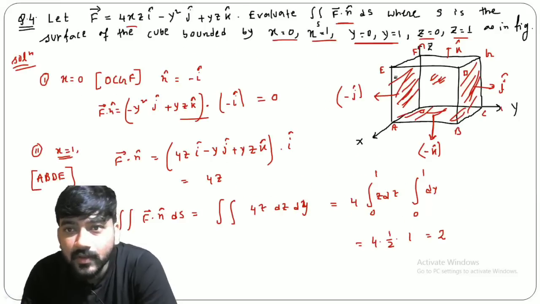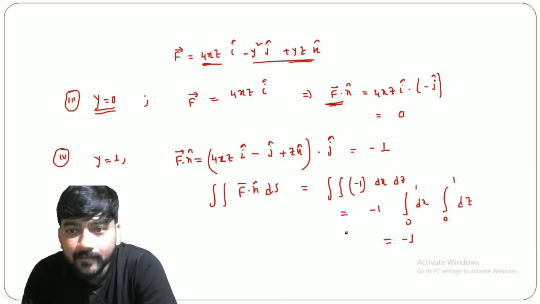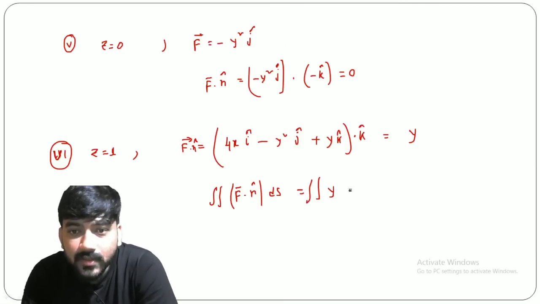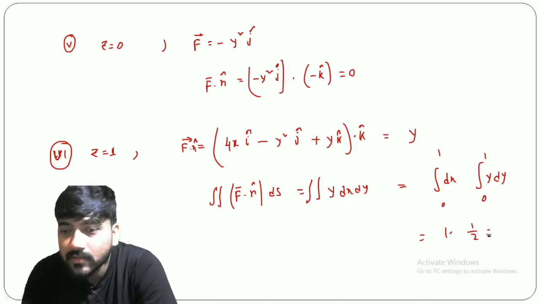You can see for z is equal to 1, the surface is parallel to the xy surface, so ds will be dx dy, because the projection will be on the xy plane. So now we just find the integration of dx and the integration of y dy, and both will vary from 0 to 1, so it will be 1, and y square by 2, that means half.